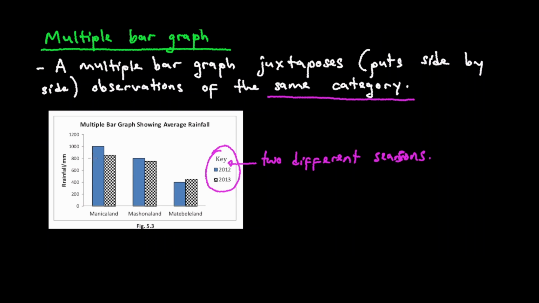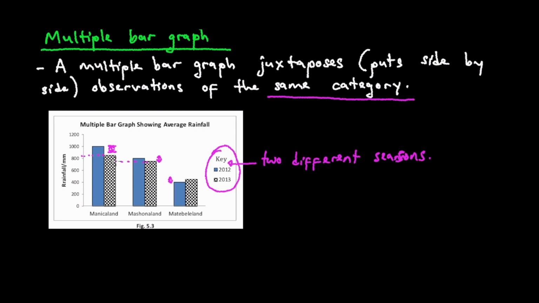1000 minus 800. Correct, this will be the difference, this small gap here. The same applies to this gap here, then this gap there. So reading again for 2013, because we have already done 2012, we see that it's slightly above 800 for Manicaland.